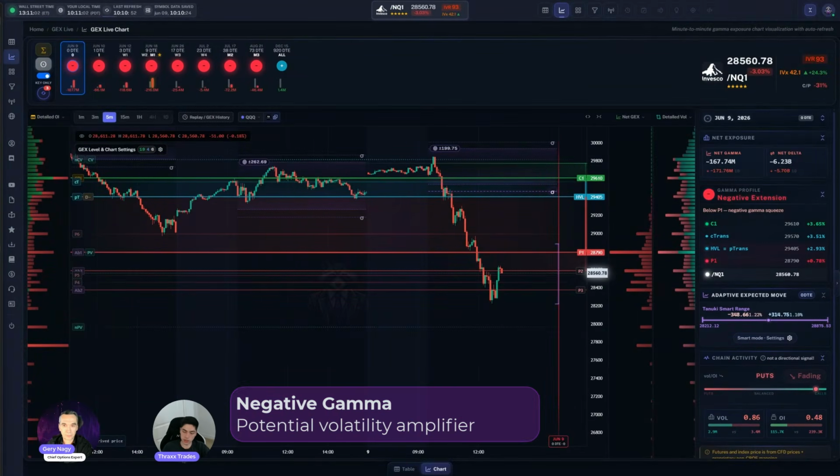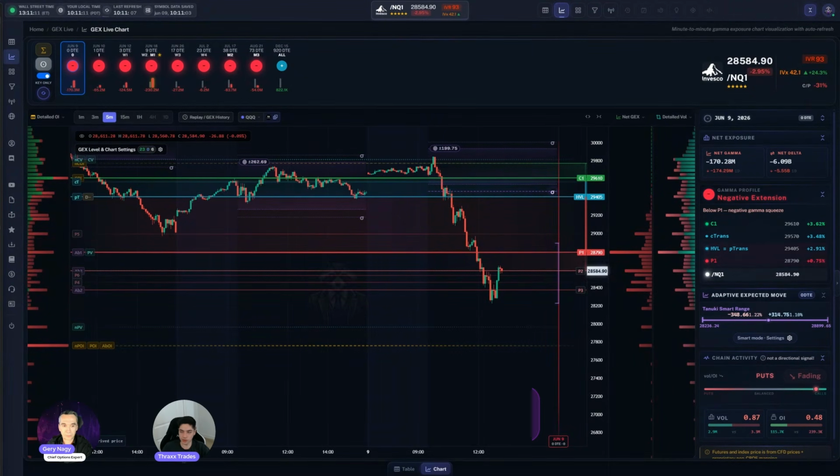And in a negative gamma environment, it often amplifies volatility. It's not necessarily in terms of direction. It's really just in terms of volatility, in what I may see when it comes to follow through or speed. So for example, in a negative gamma environment, we may see more expansion or more follow through, not necessarily in a certain direction, but just in general.